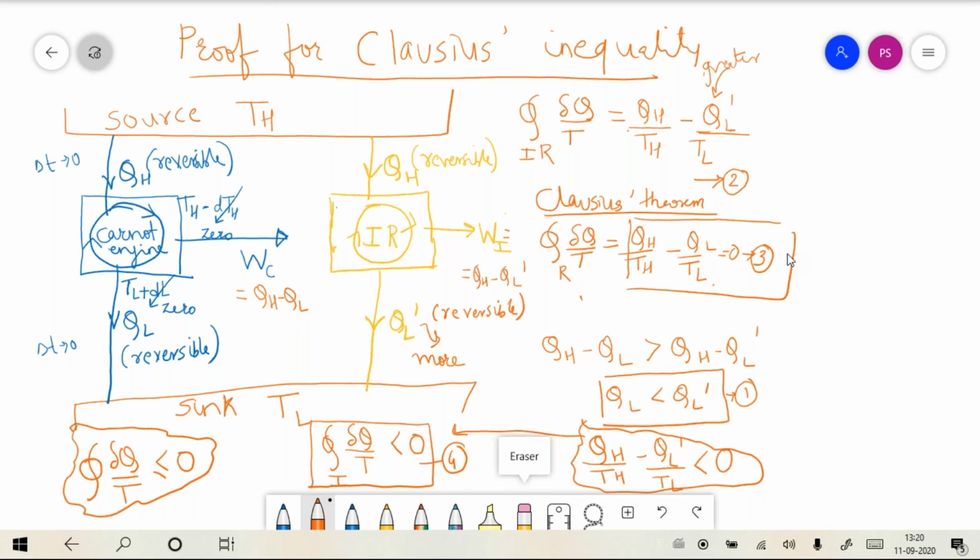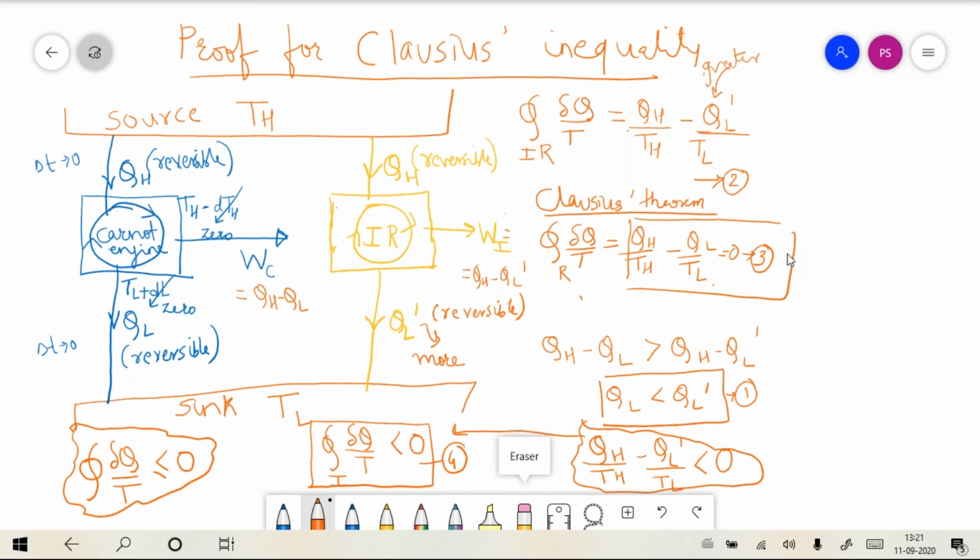This is known as the Clausius inequality. It is valid for the reversible cycle as well as the irreversible cycle. When the cycle is reversible, the equality holds. When the cycle is irreversible, the less than 0 sign holds.